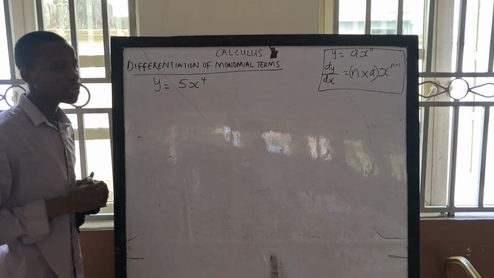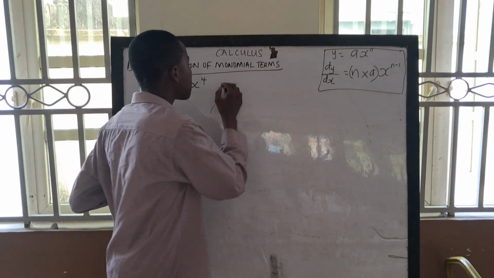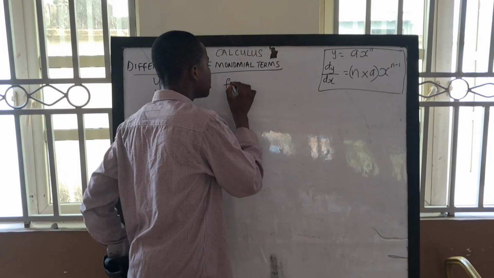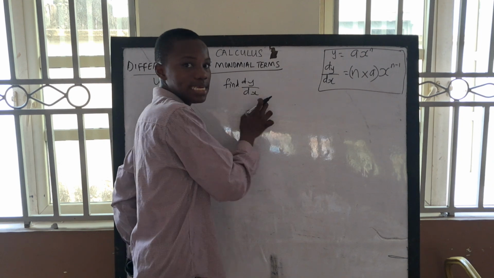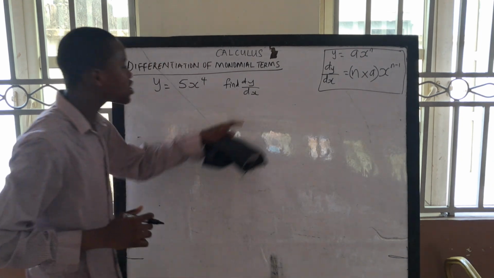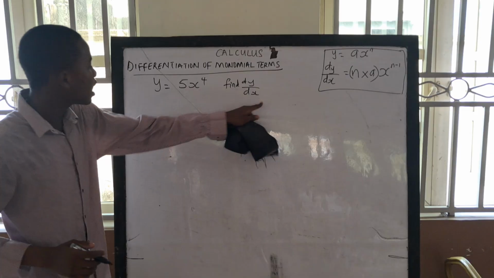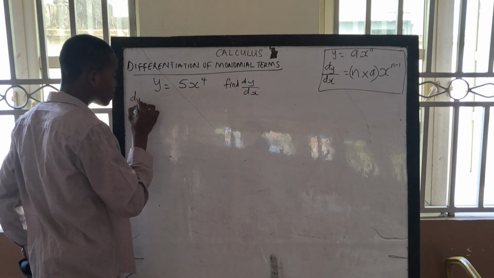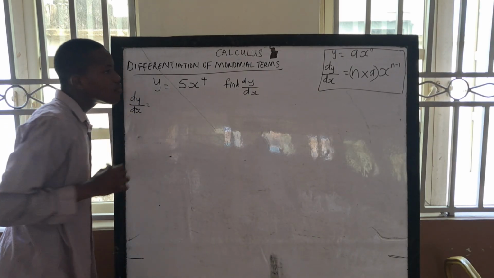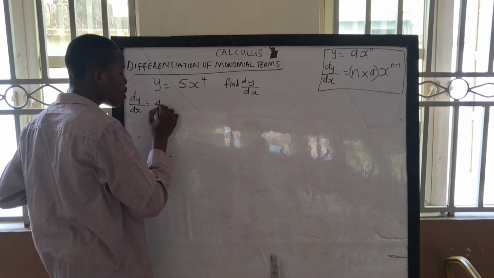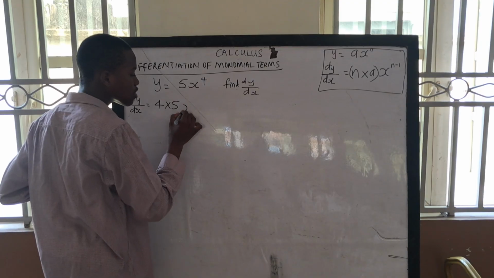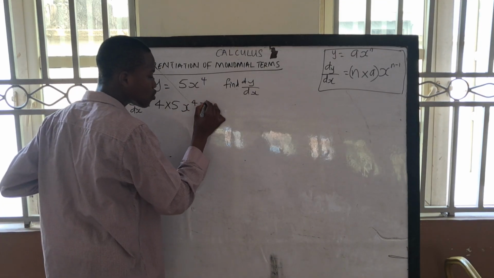Now to differentiate this, they say differentiate this, or they can say find dy dx. This is pronounced dy dx. So I'm differentiating y with respect to x. Following my rule, it's 4 times 5, x raised to power 4 minus 1.